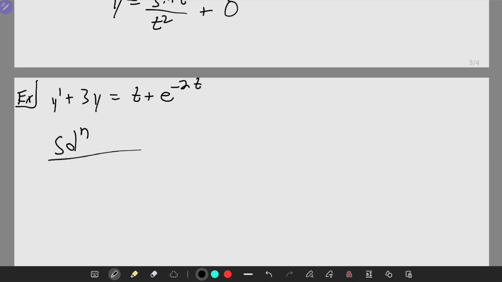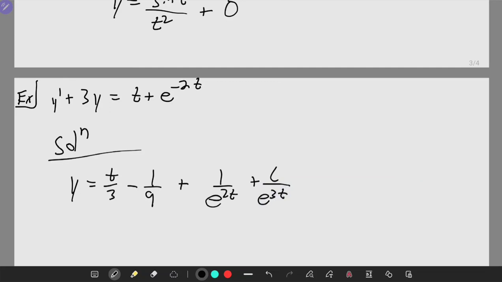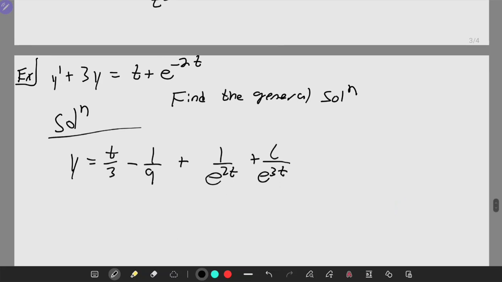The solution to this question is y equals t over 3 minus 1/9 plus 1 over e to the 2t plus c over e to the 3t. You see, it's not an initial value problem. You just want to find the general solution. So I want you to pause this video and find the general solution and see if you get this answer.